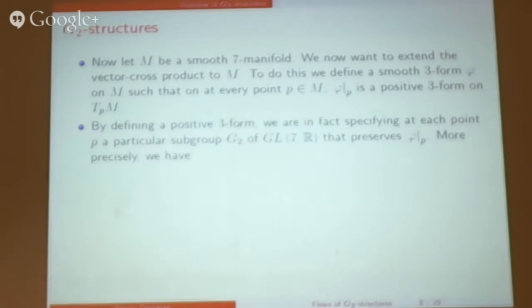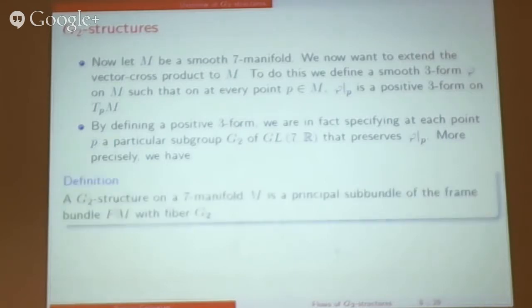So at every point there is some copy of G2 which preserves that particular 3-form. So really what we're doing is selecting a particular copy of the subgroup G2 in GL7 at every point.